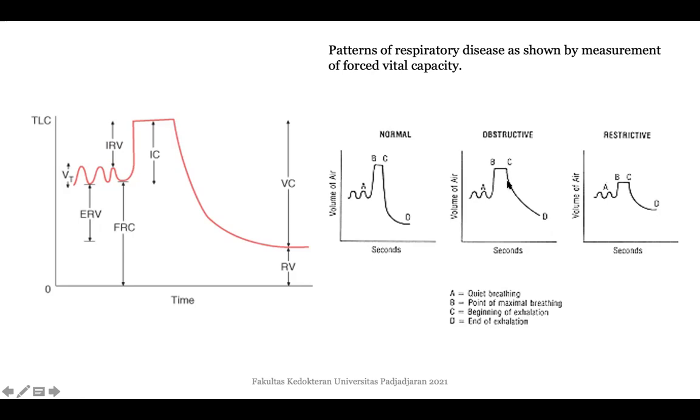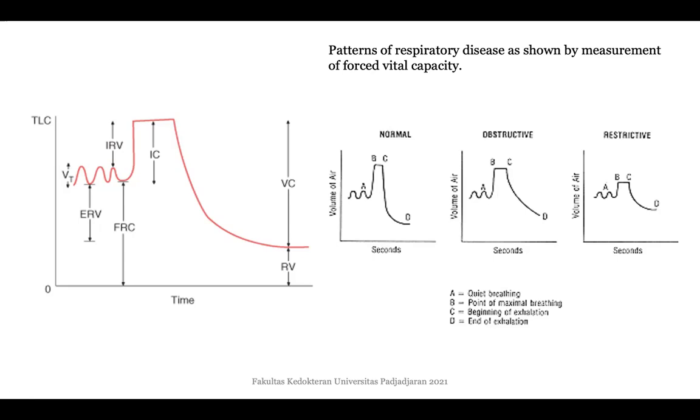You can see that when they're pushing out the air, after 1 second they only get a small amount of air exhaled. That's going to be typical in obstructive lung disease. They need many seconds after the first second to exhale 80% of the air.